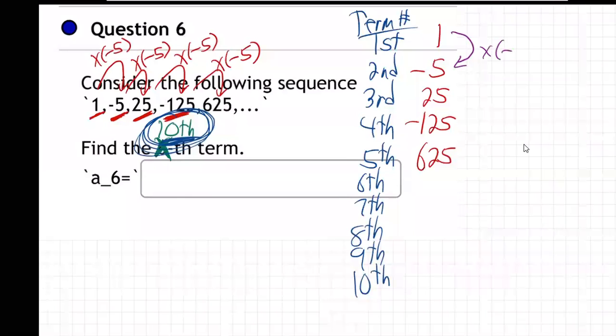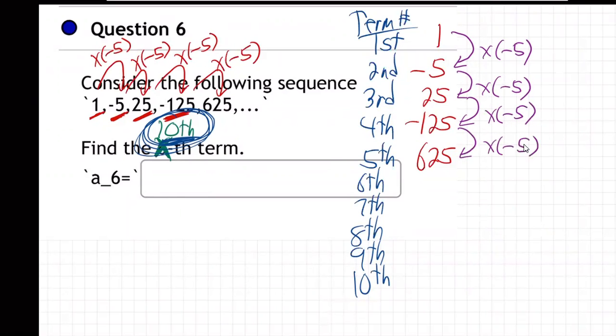It's been multiplying by -5, right? Every jump, it's just been multiplying by another -5. So really, all we have to do is just do that a few more times, right? Use your calculator. It's going to be big.